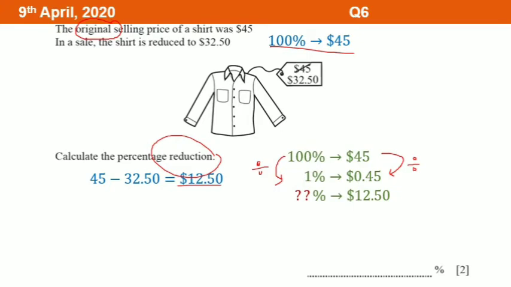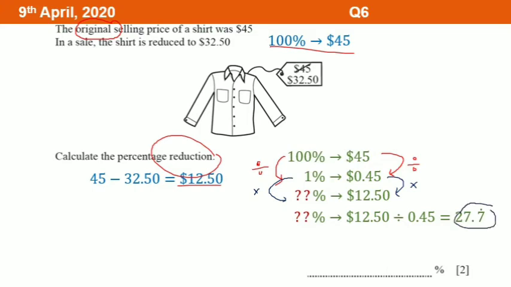$0.45. Now from 0.45 into 12.5, we need to multiply by how many? So later the 1 also we need to multiply by that number. It's hard to guess, so let us do the opposite one, we can divide. 12.5 divided by 0.45 is equal to 27.777, or I can say 27.7 with the dot in here.